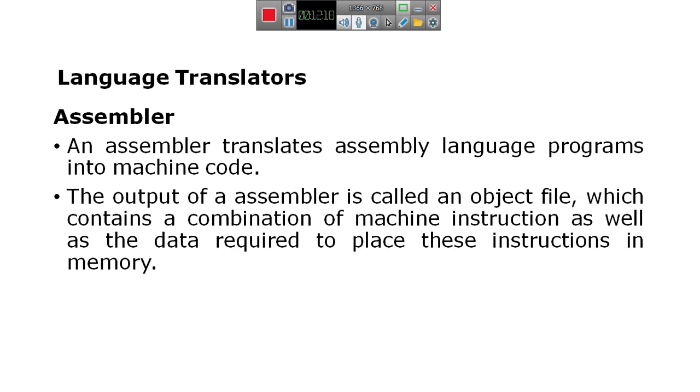That software is called a language translator. A language translator is a special program developed for the purpose of converting high level language code into machine language and, vice versa, from machine language back to high level language.